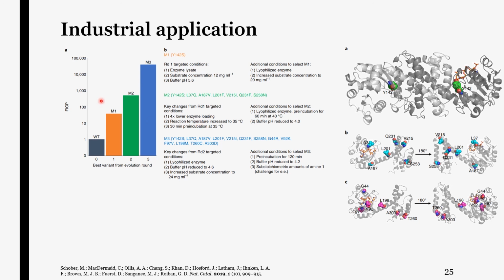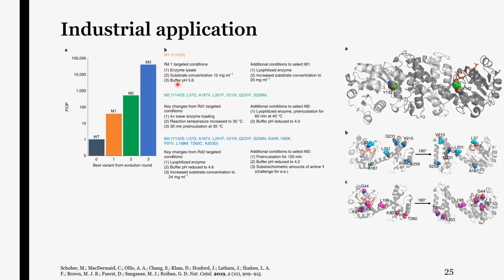Therefore, they used three different rounds of evolution, starting here with a Y-type. They used different kinds of homology models, and here they highlighted the amino acids which were mutated. So in the beginning, they mutated the tyrosine to serine and also changed some of the conditions.